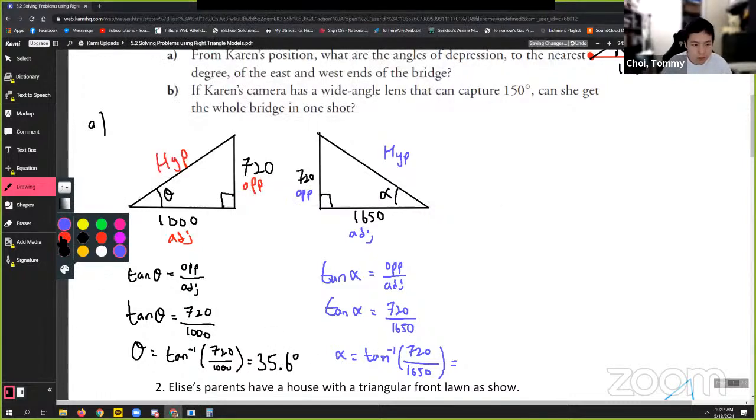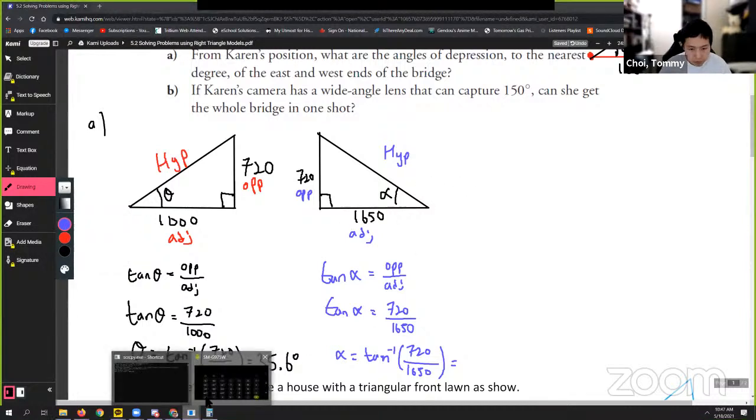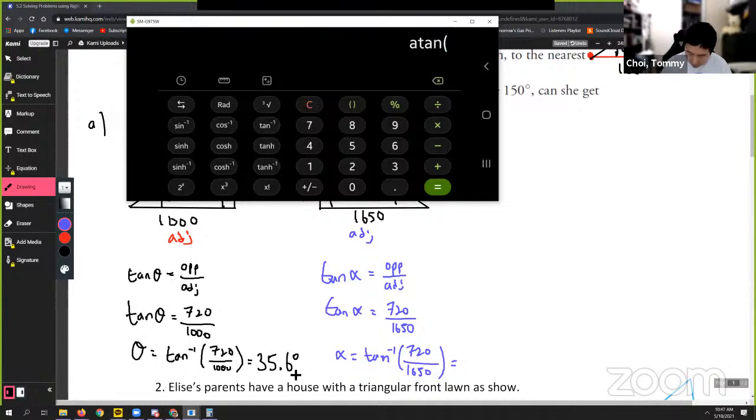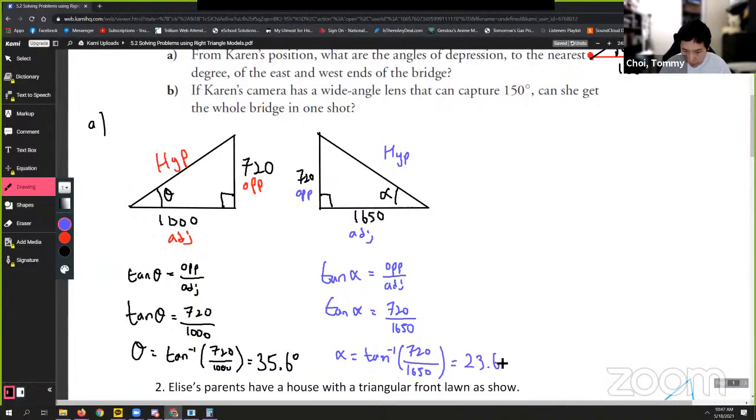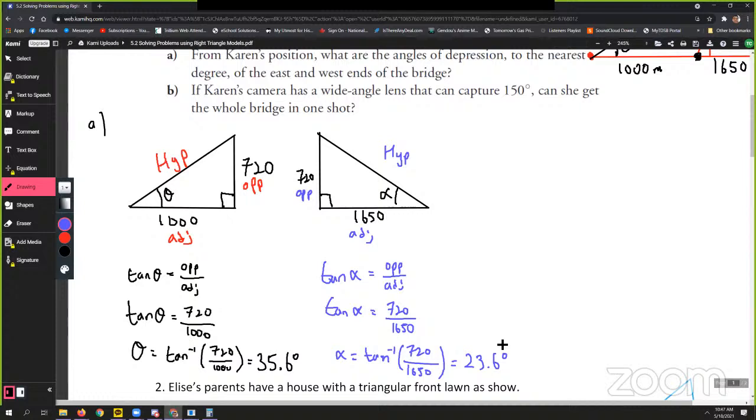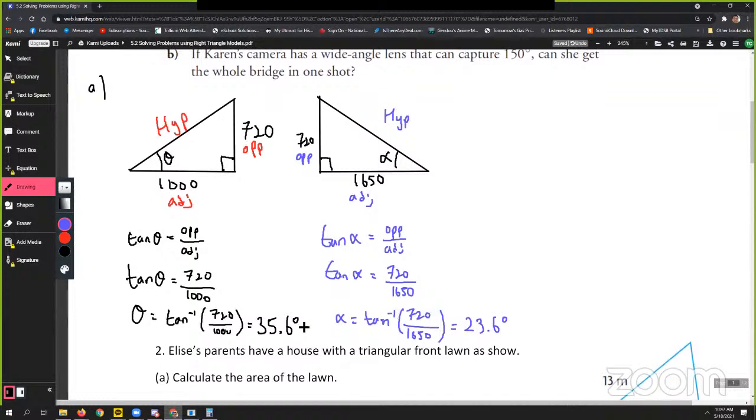And for alpha, I get tan inverse of 720 over 1650. Oopsies. Is 23.6 degrees? Yes. I don't know why I got 35.7?